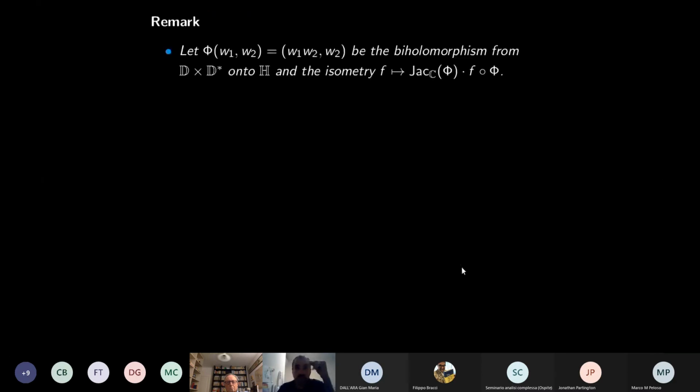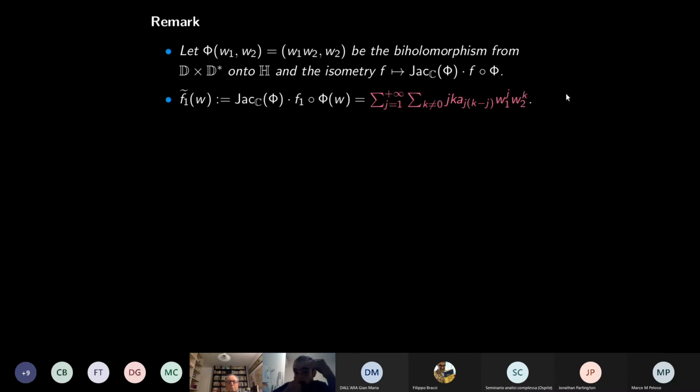But before doing that, just a remark. Recall that H is biholomorphically equivalent to this product domain, D times D star. And consider this isometry here, the one that we saw a few slides ago. If we apply this isometry to our derivatives f1, f2, f3, we end up with something like this.